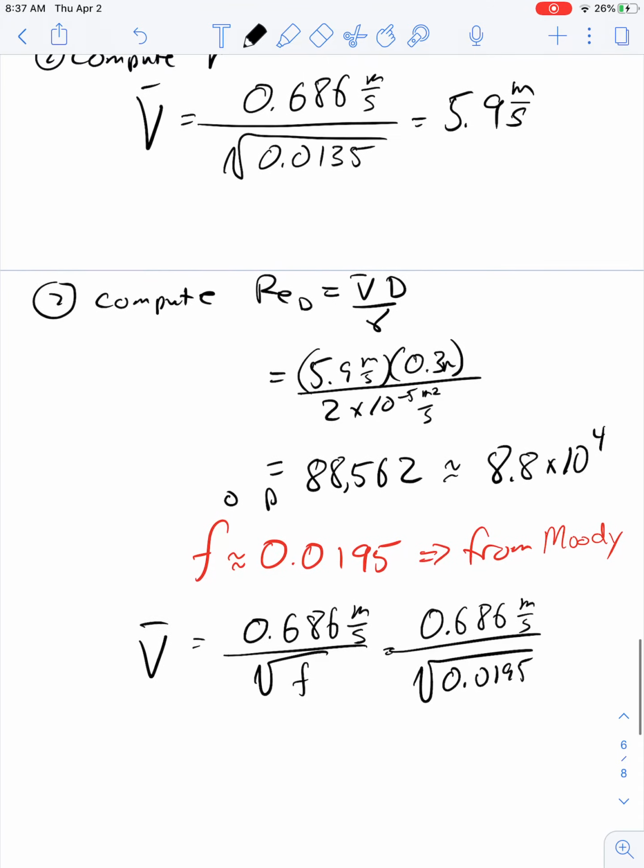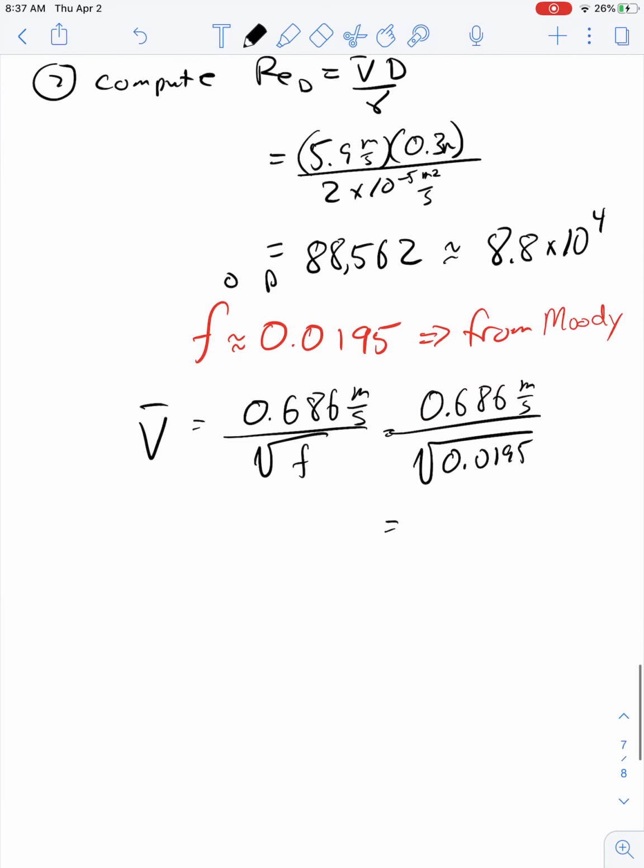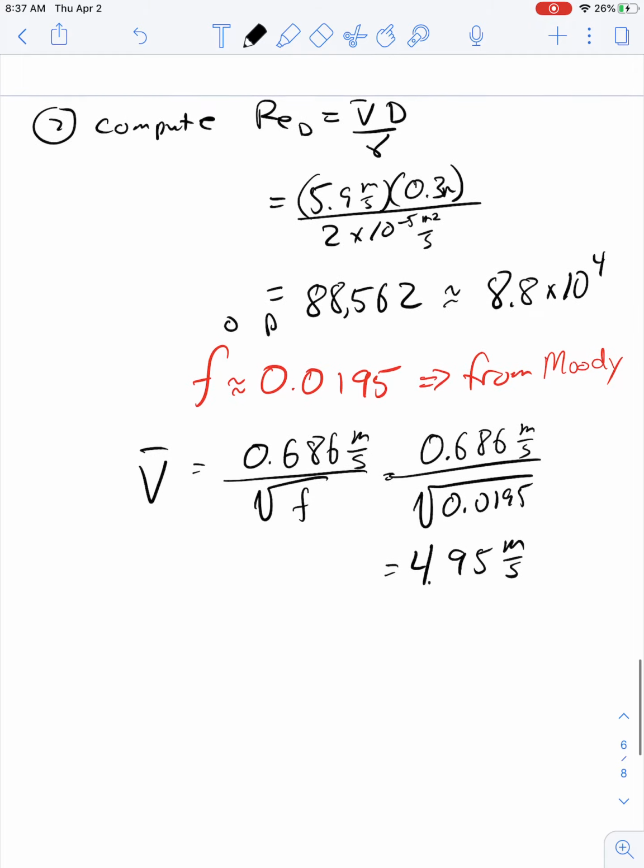And you can see what we had before, up above, where we had 5.9 meters per second. Now if we plug in the value, we get a velocity of 4.95 meters per second. And so it's lower.